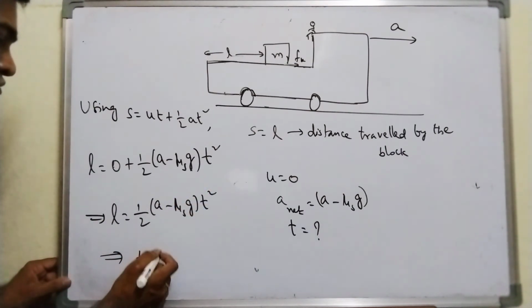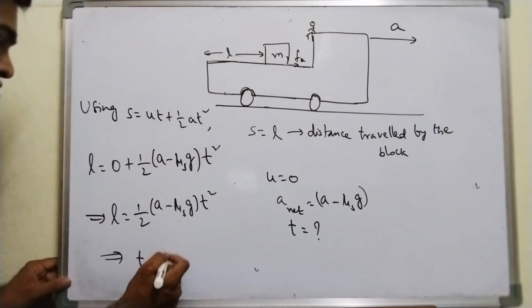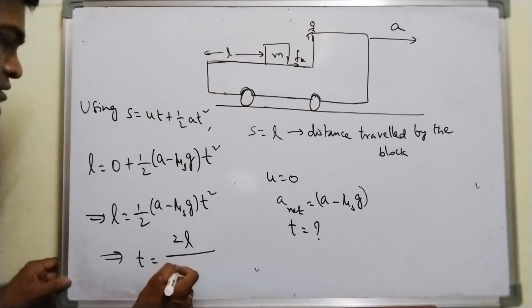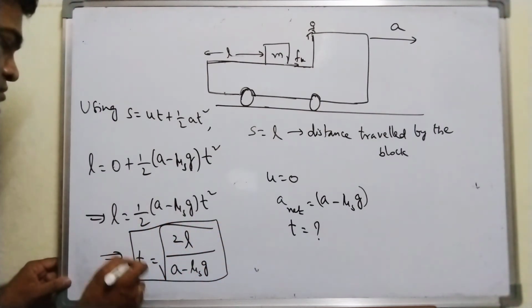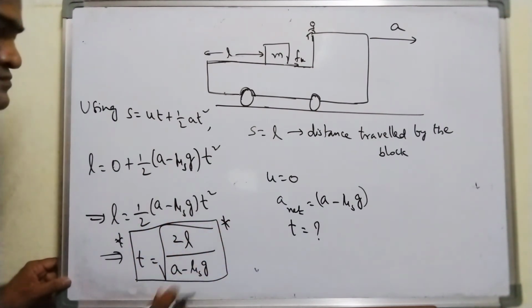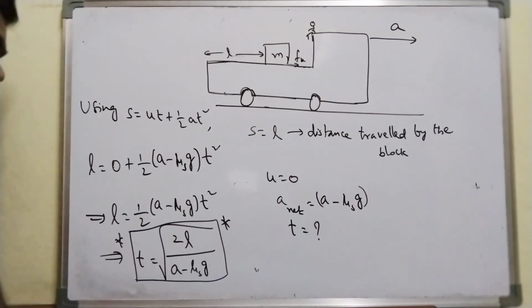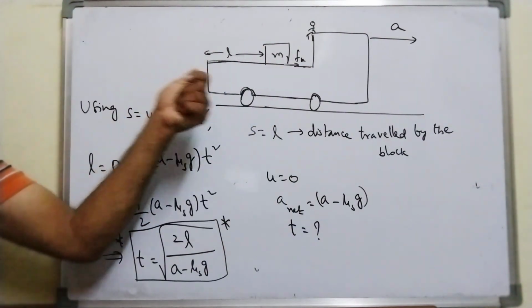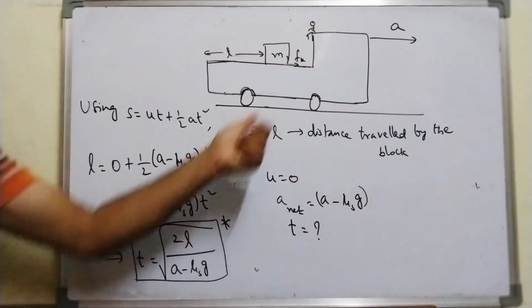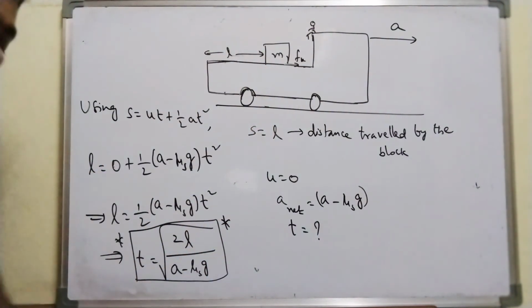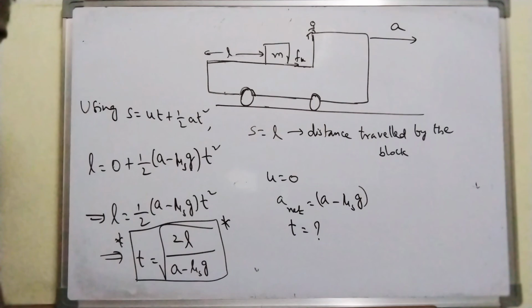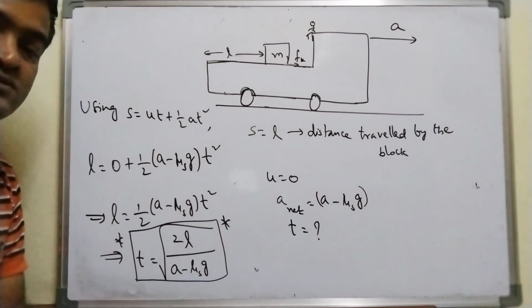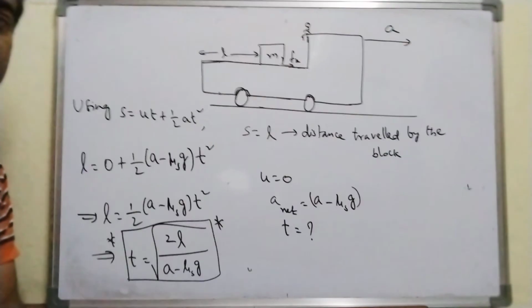So t is equal to the square root of 2L by a minus mu s into g. This is the value of time you get. In what time it will fall down from the truck, this should be the answer. It is travelling a distance of length L, so 2L by the net acceleration, a minus mu s into g.